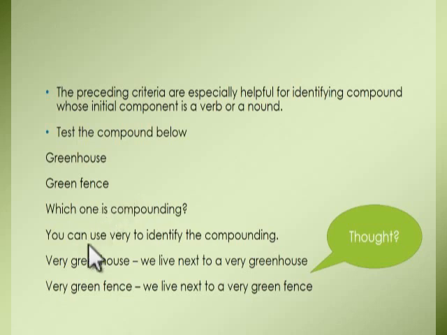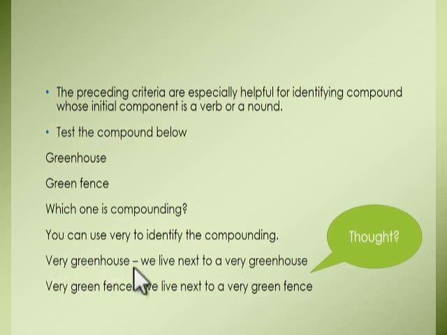By giving the word very. So you can use the word very to identify compounding. You guess based on the first element whether it is actually compound or non-compound, so we have to check with very. Is it okay to put very with the word, or is it illogical? Like this one: very greenhouse.